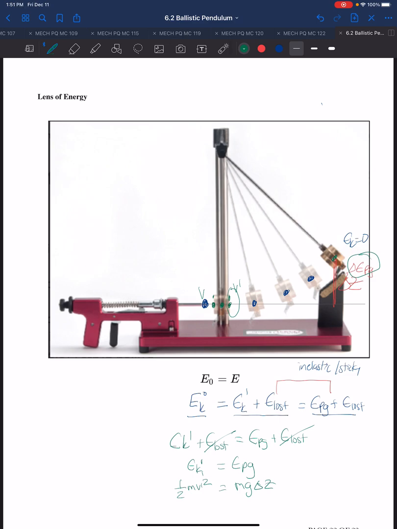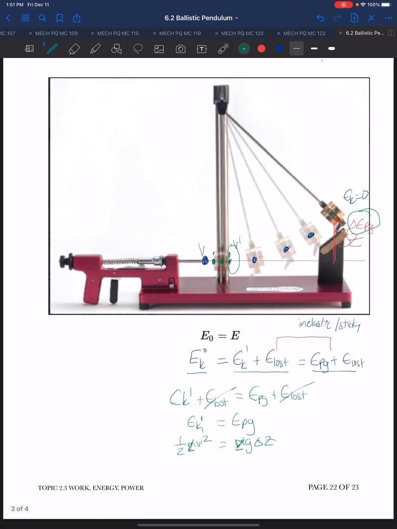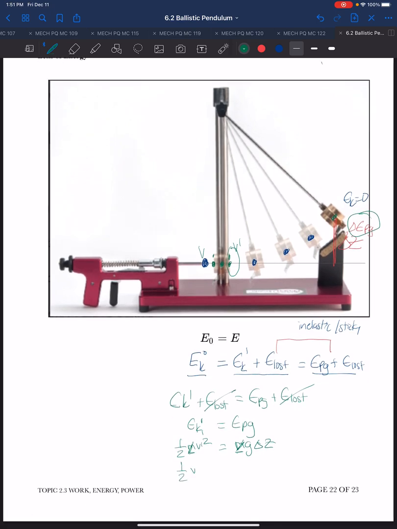We may notice then that there is an m on both sides, and we should ask ourselves, are the masses the same? Well, the kinetic energy is of the projectile and the receptacle, and the potential energy is of the projectile and the receptacle. So these m's are equal to each other. So we are left with 1/2 v prime squared equals g delta z.